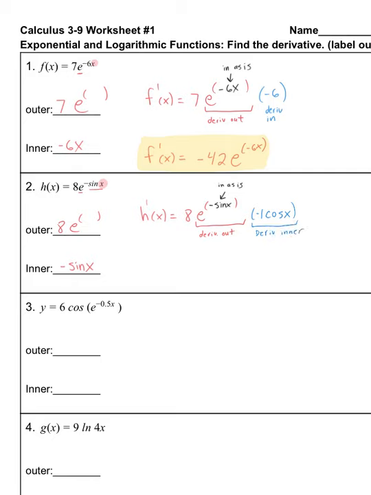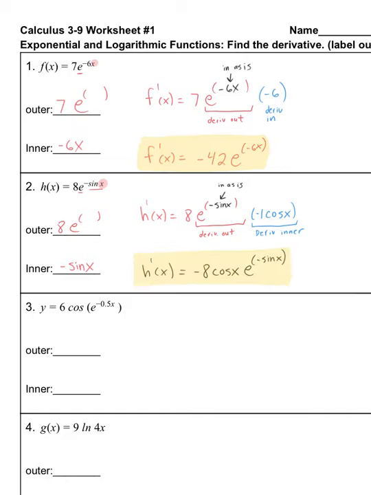There's all 3 steps. When we simplify, we must combine the numbers. 8 and negative 1 gives me a negative 8 out front when I multiply them. So we have a negative 8 cosine of x, and we also have an e to the negative sine of x. And there is our final answer.